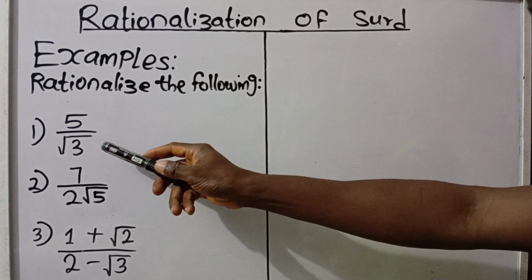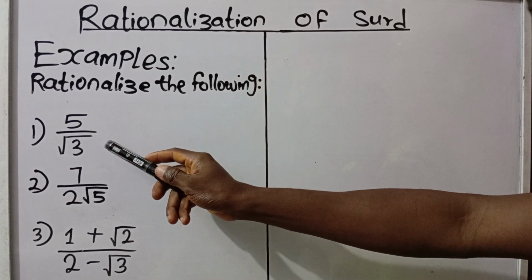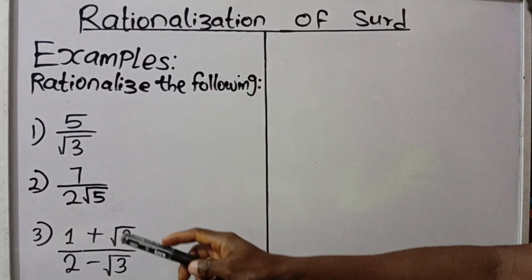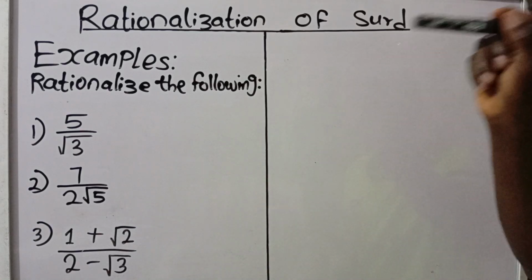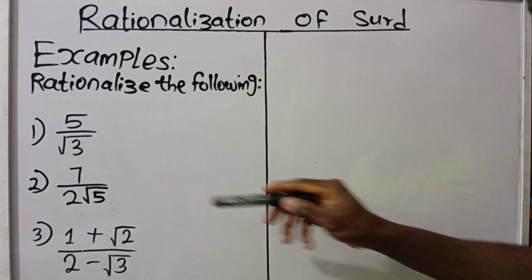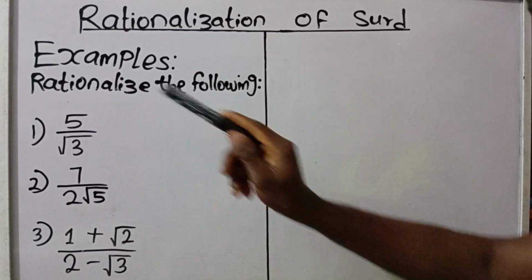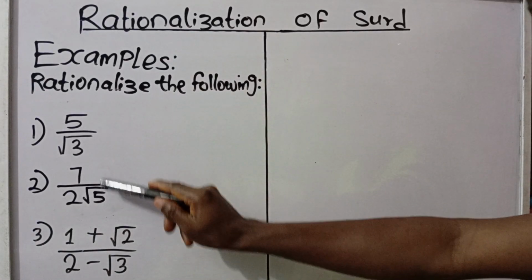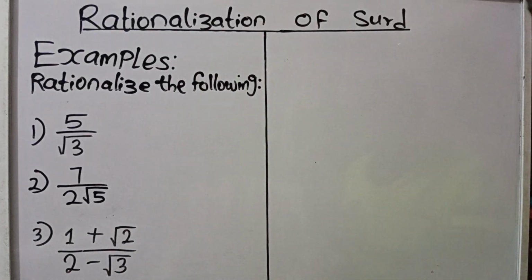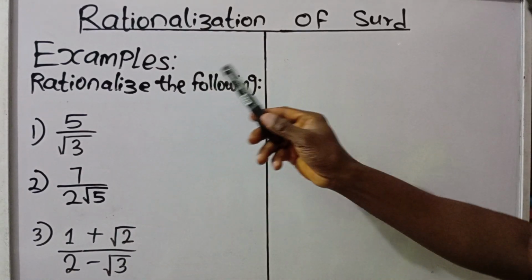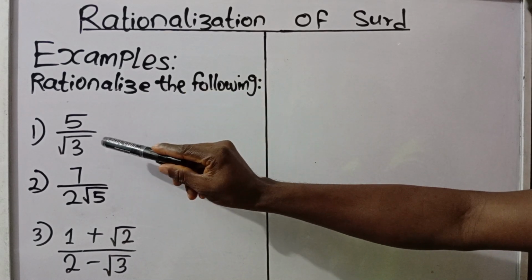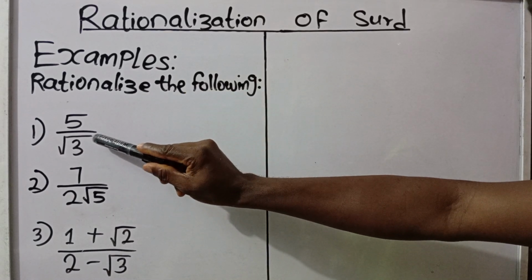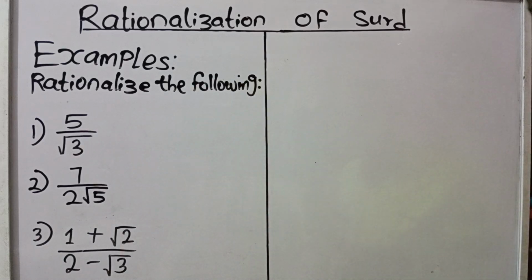As you can see in number 1, we have the denominator root 3. Number 2, we have the denominator 2 root 5, which contains a surd. Once the denominator side of the fraction contains a surd, that is when you will be asked to rationalize the surd, thereby making your final answer whereby the denominator will no longer contain anything that has to do with surd.